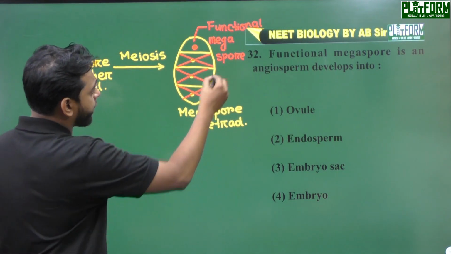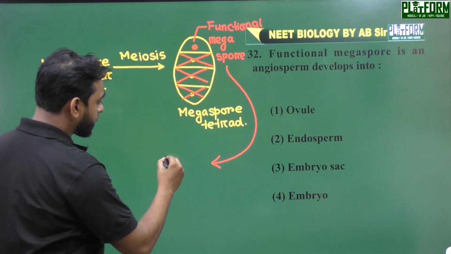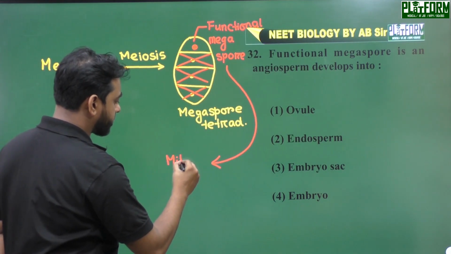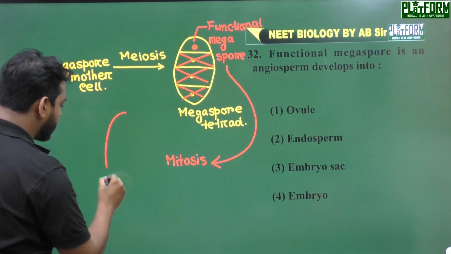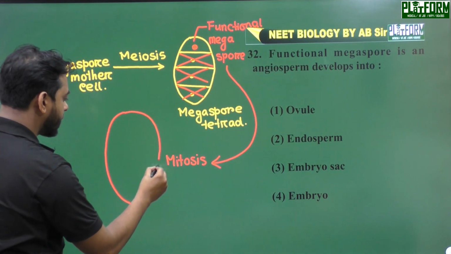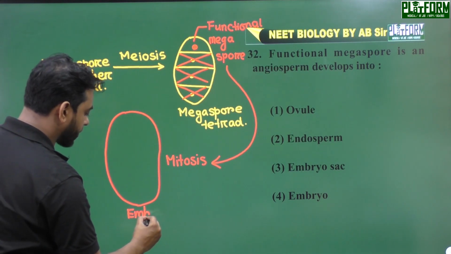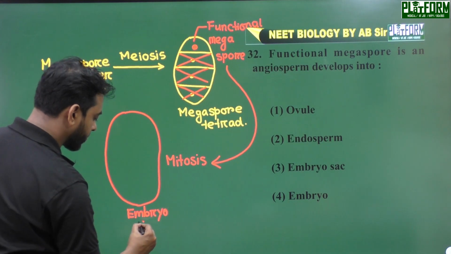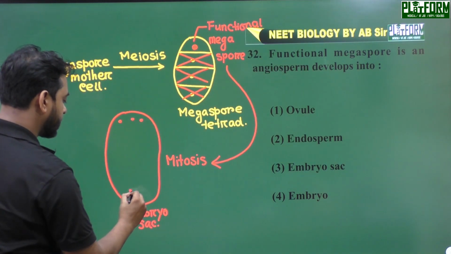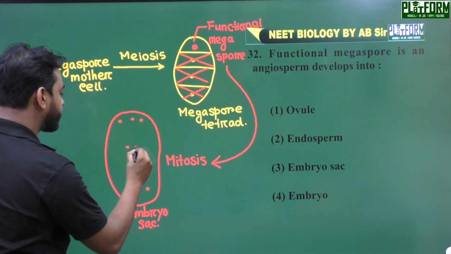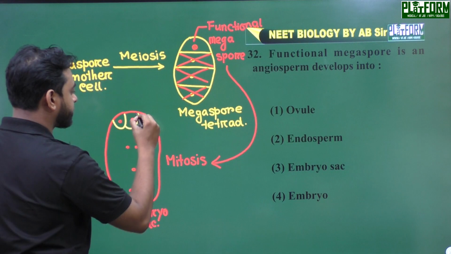Now we know that this functional megaspore, by 3 consecutive mitotic divisions, is ultimately converted into the embryo sac. So this one is an angiospermic embryo sac, where these three are the antipodal cells.